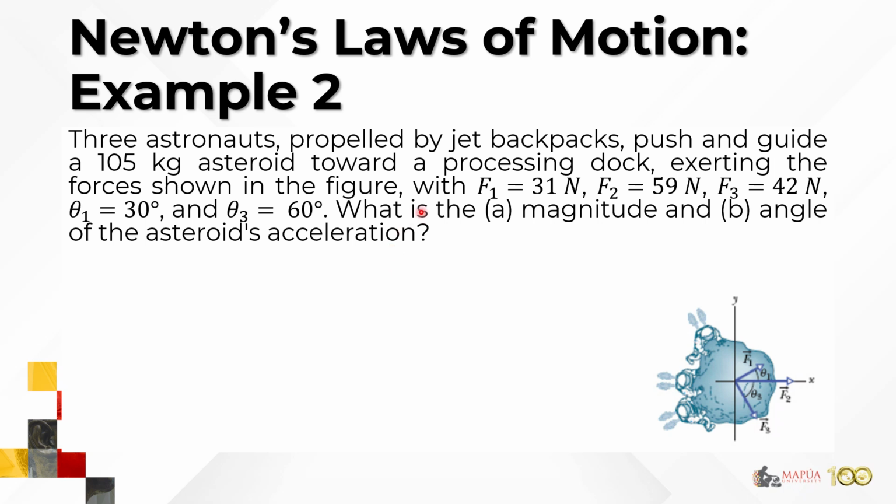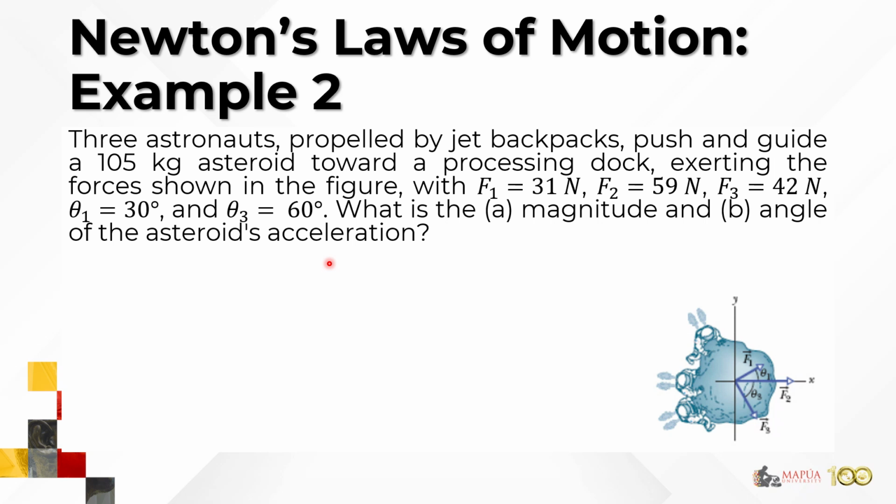How do we solve for this? Again, remember that force is a vector quantity. Okay? So to get acceleration, we will need to get the magnitude of the force, and the mass.